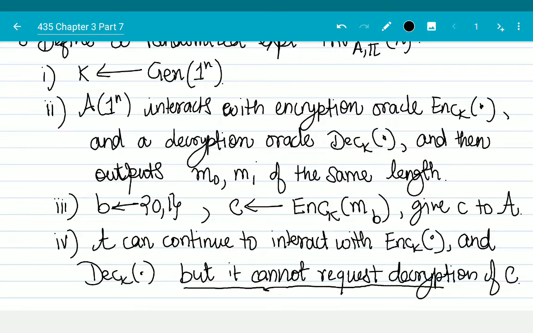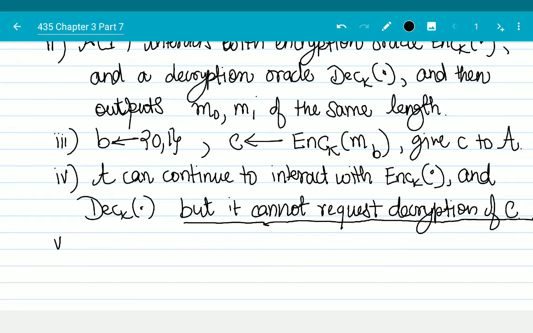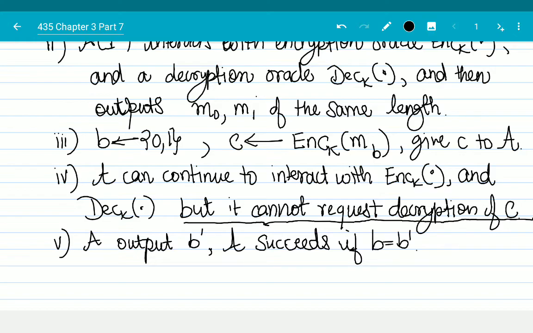Okay, that is the one thing they're not allowed to decrypt. Step 5, A outputs b prime. A succeeds if b equals b prime, and the experiment evaluates to 1, otherwise 0.